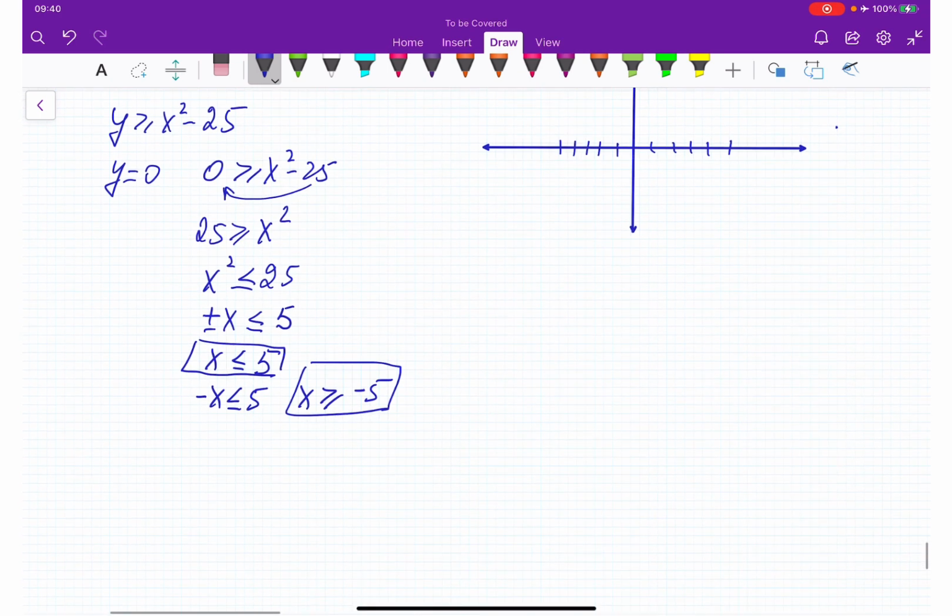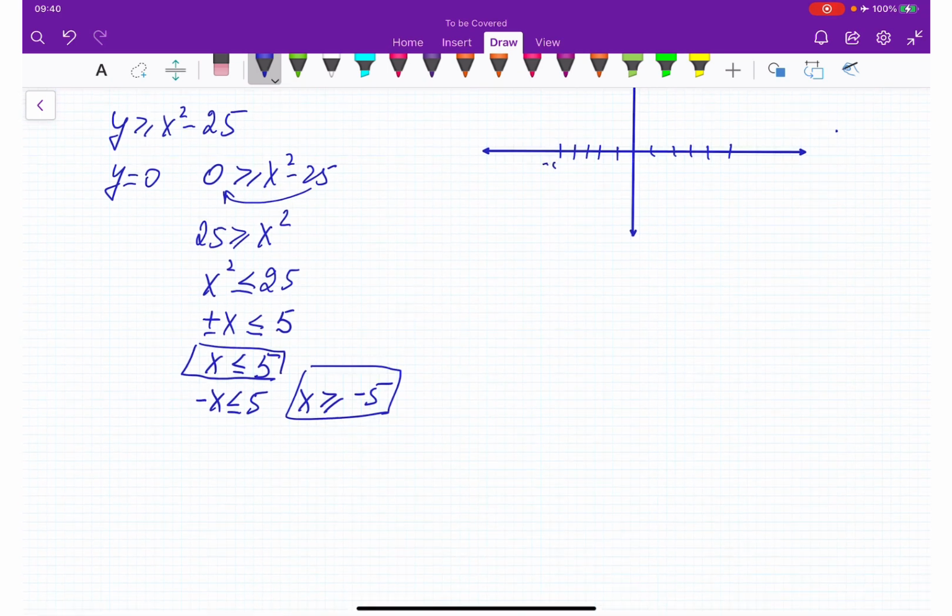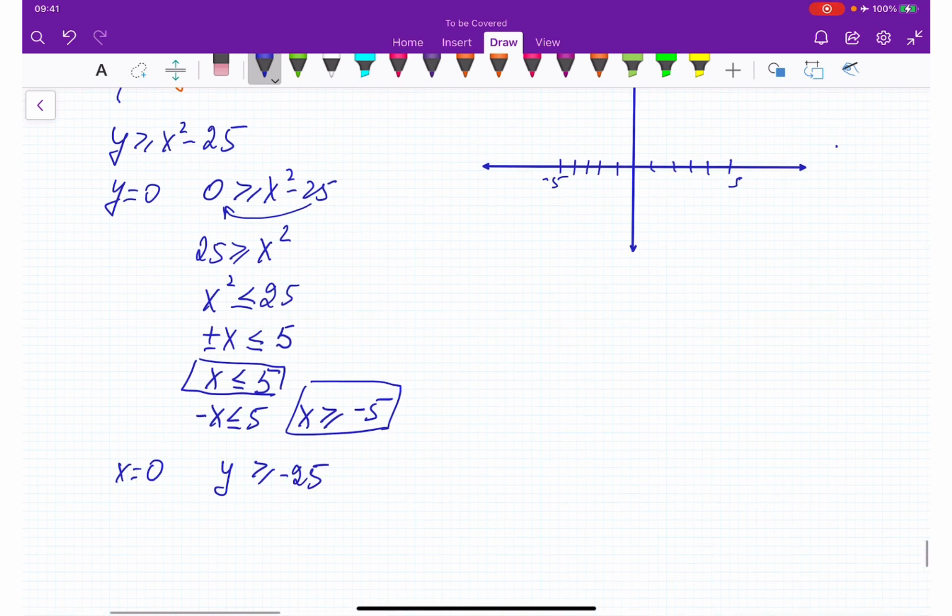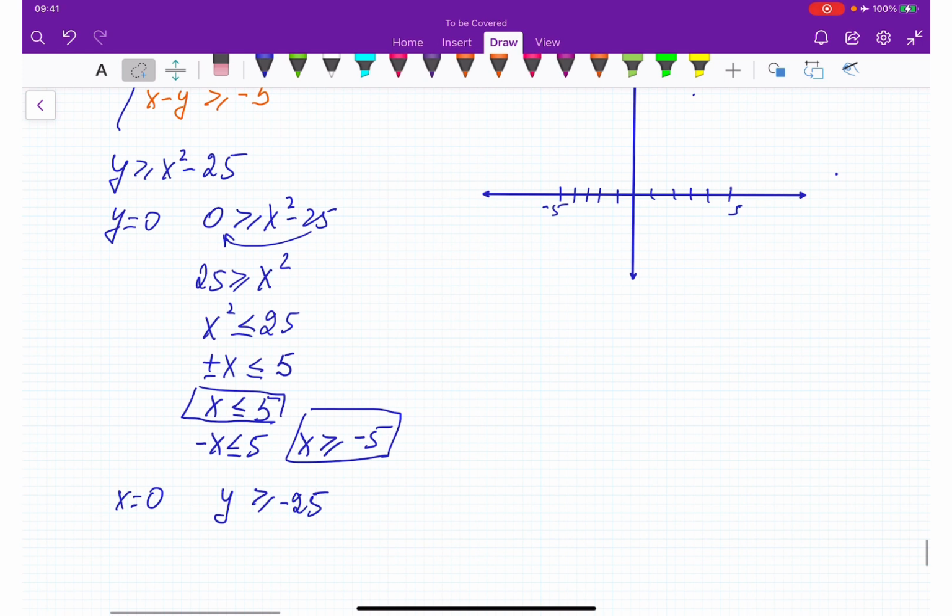Okay, next. Negative 5, positive 5. Next, if x is equal 0, then we are getting y is greater equal negative 25. All right, so in this case, obviously, you don't think I'm going to count 25, right? Bring that much down. What's happening? I cannot move down.